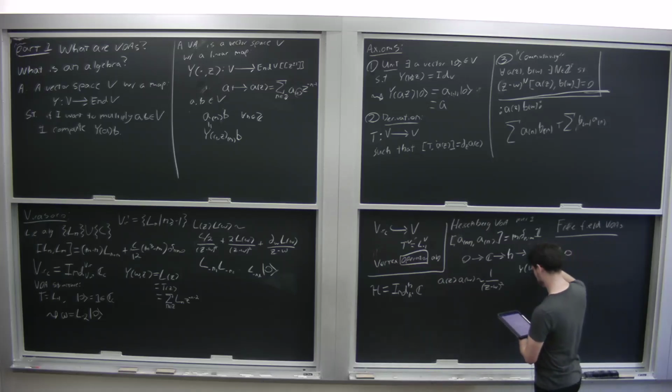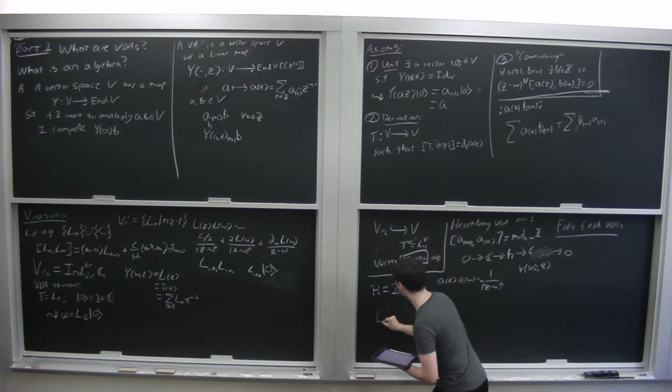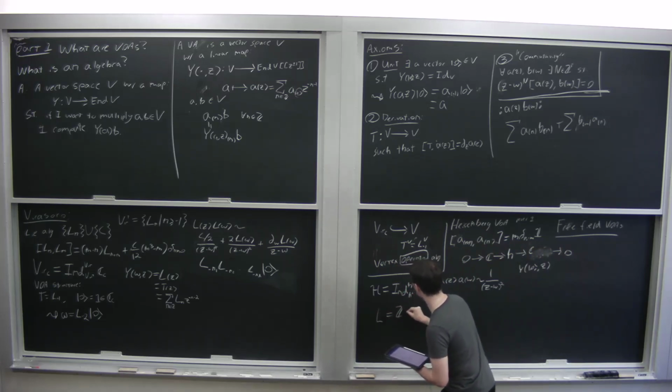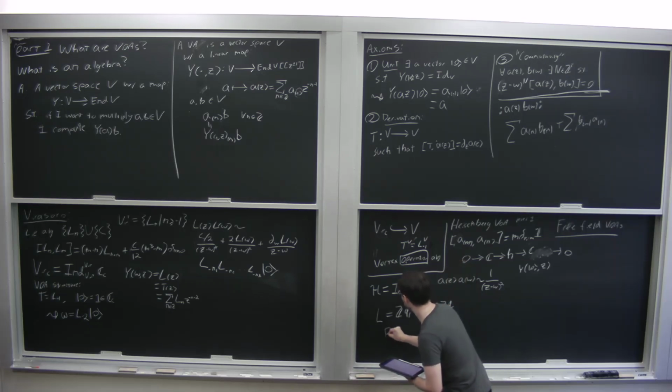Okay, so the way I'd write this is if I replace this with, so let's introduce a lattice. I'm going to call it L, an integer lattice. Let's say it has rank r and it has a symmetric bilinear form.